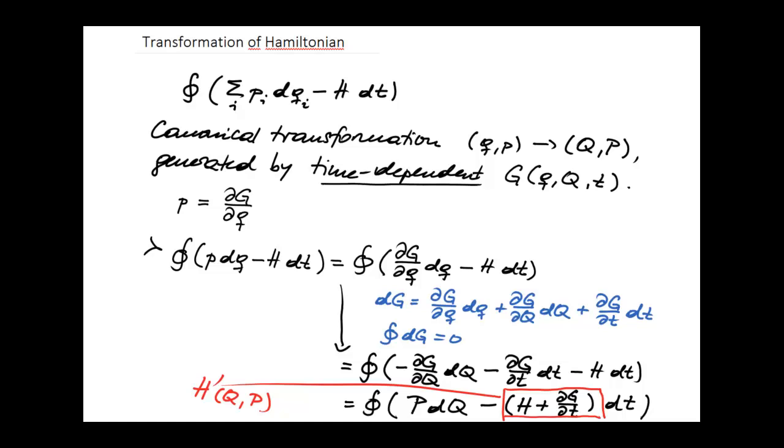Given that, we have now seen in the new coordinates, we still have a Poincare-Cartan invariant. So in the new coordinates, we still have a motion governed by Hamilton equations of motion, with the Hamilton function being the function in front of the dt, which is this modified H prime.